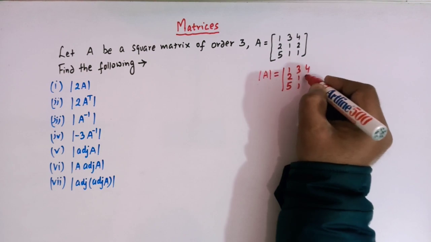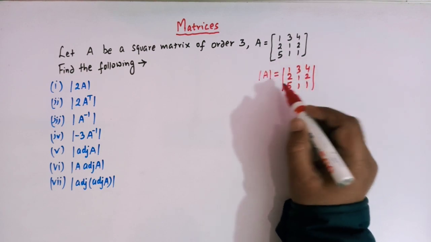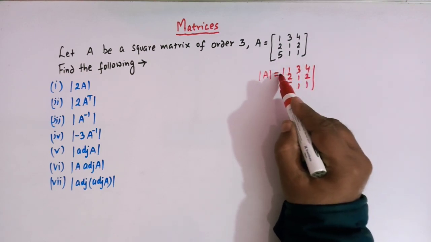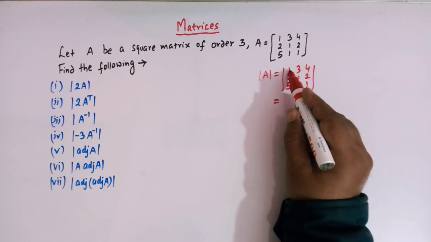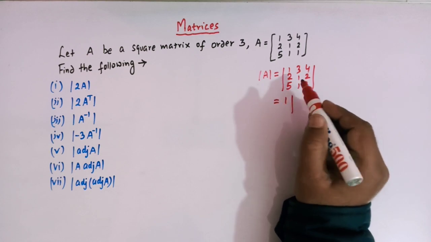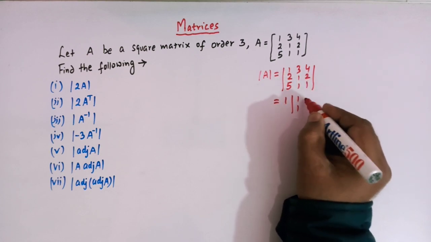And we'll find the value of this determinant by expanding this determinant along the first row, right? So what we will get, we'll first take 1, and then we have 1 1 2 1.